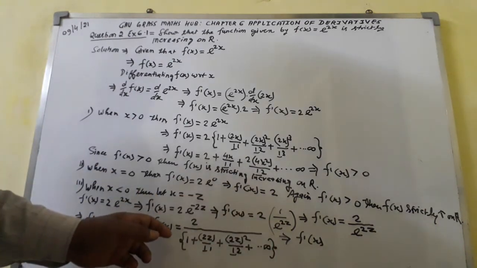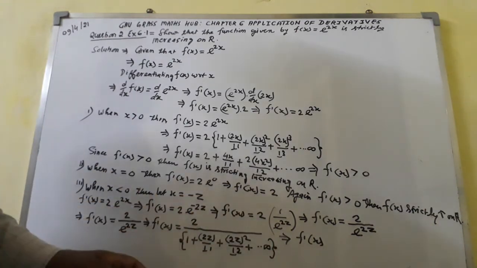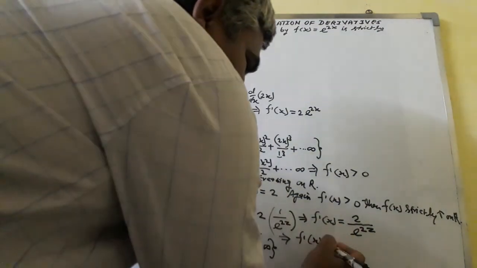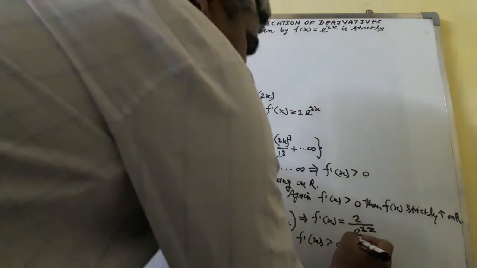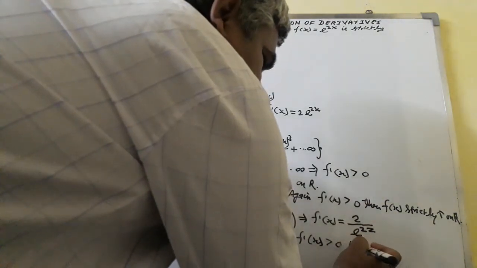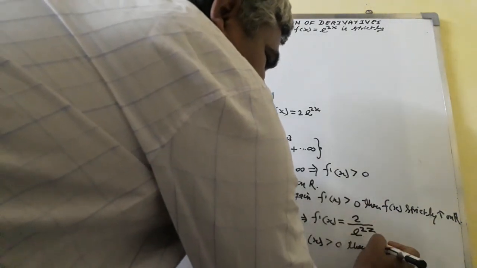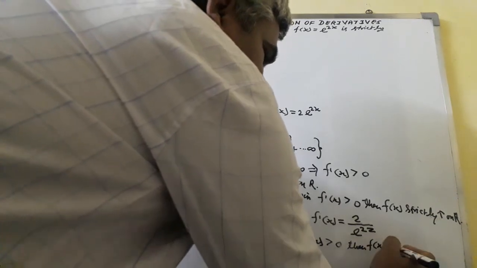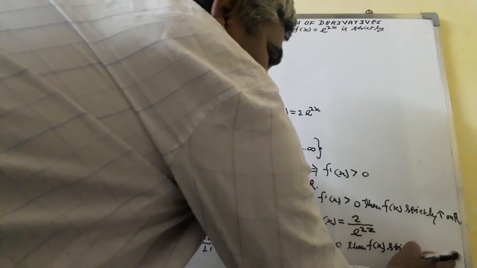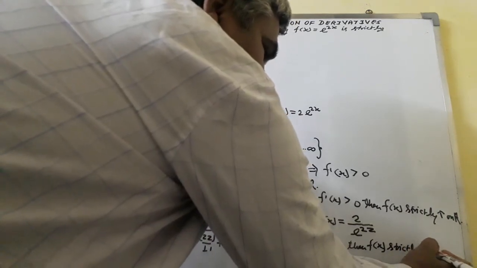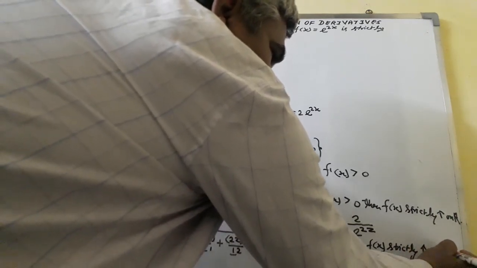Again f dash of x is greater than 0. So here also f of x is strictly increasing on the set of real numbers.